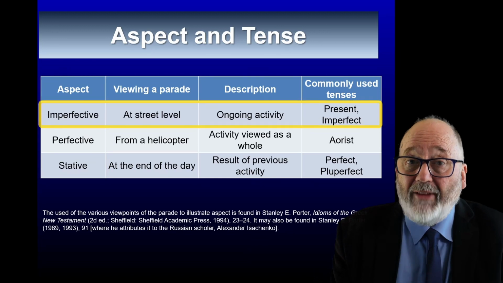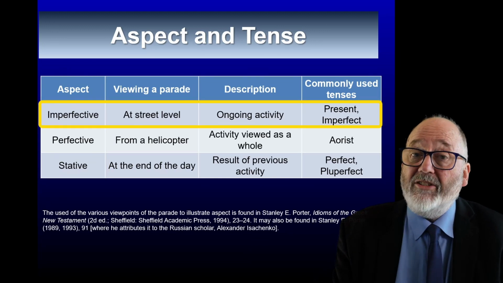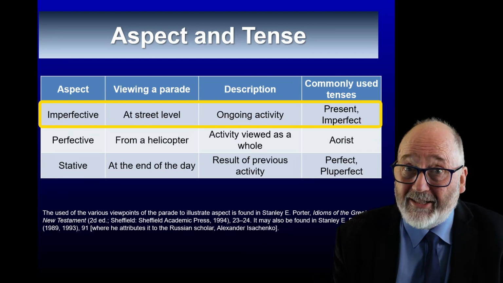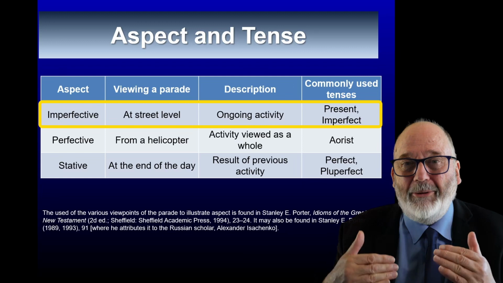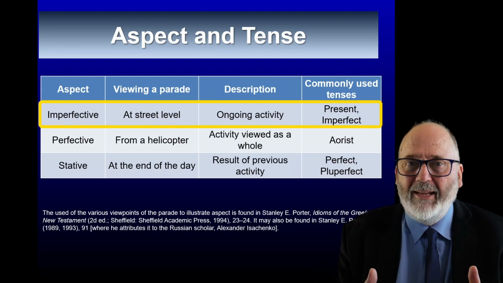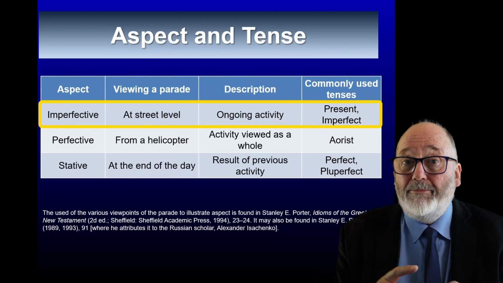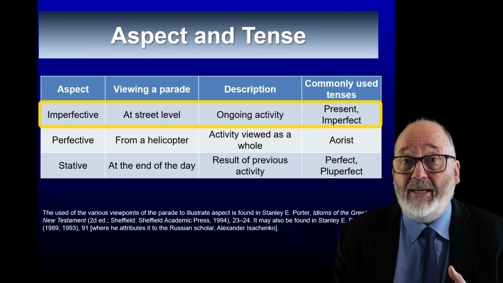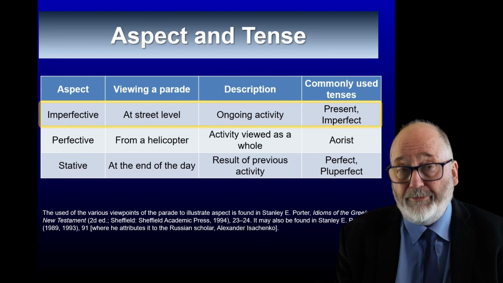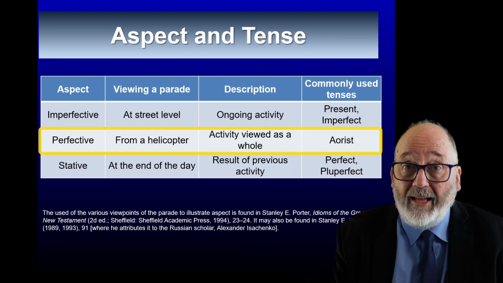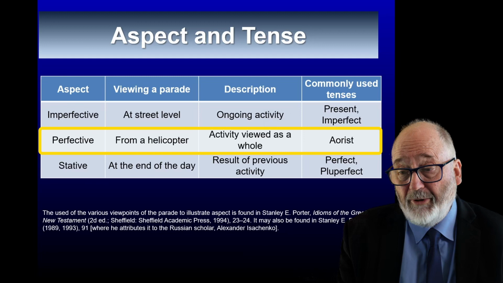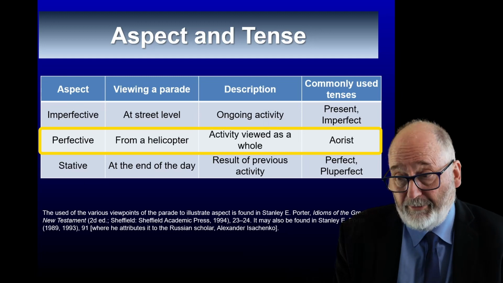So the imperfective aspect is the viewpoint at street level. If we are observing the parade from the street, we're part of the ongoing action, and that is the imperfective aspect. And in Greek, the present tense and the imperfect tense are commonly used with an imperfective aspect. The view from the helicopter, which sees the whole parade at once, corresponds to the perfective aspect.